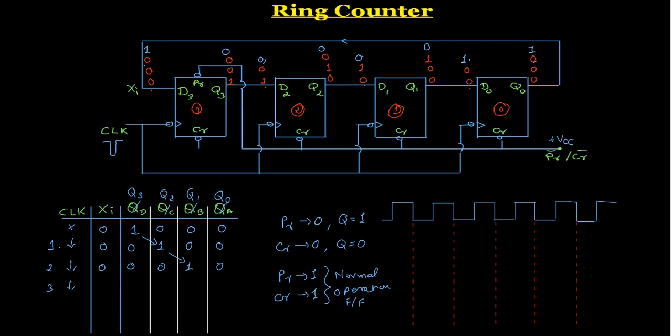So after this third negative edge, xi, the input to the shift register, is going to be 1, then Q3 is 0, Q2 is also 0, Q1 is also 0, and Q0 is going to be 1, meaning now this one is transferred to Q0.